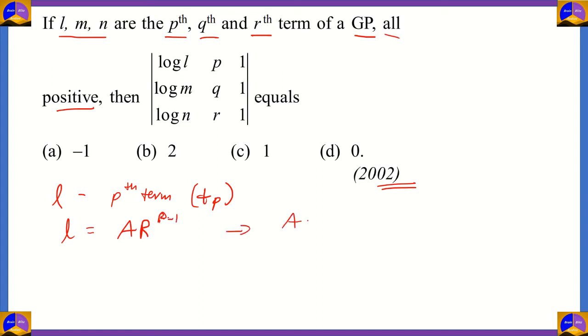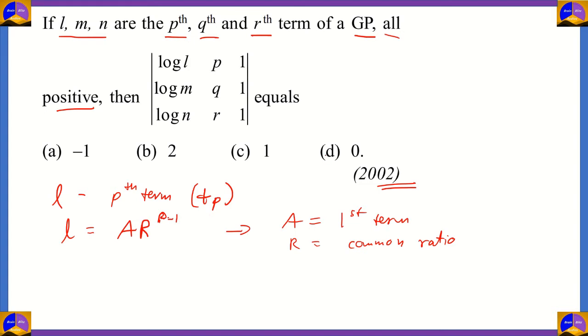So in this case, a equals the first term and r equals the common ratio. So in a geometric progression, we will have a common ratio between all of the elements. You would just raise the common ratio to n minus 1 and then multiply that by the first term in order to get a particular term. So L equals a r raised to p minus 1.